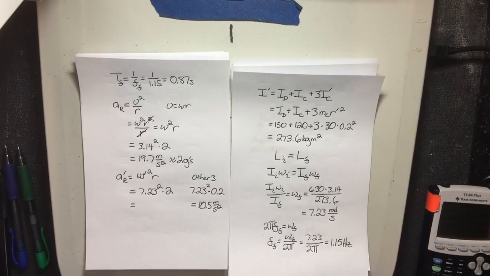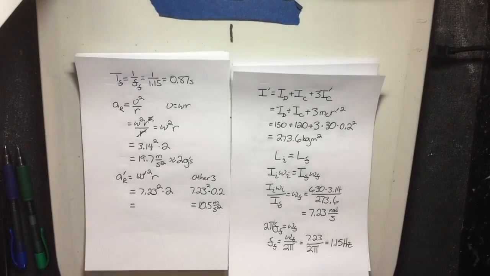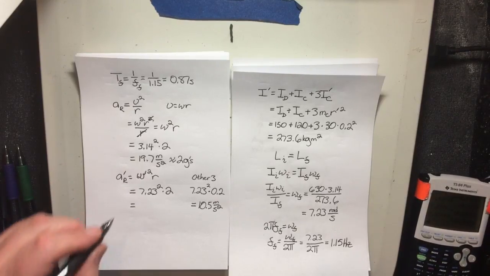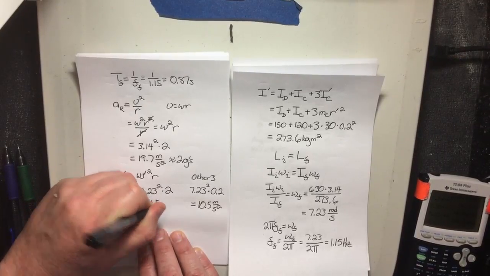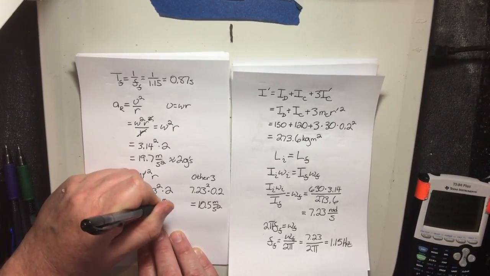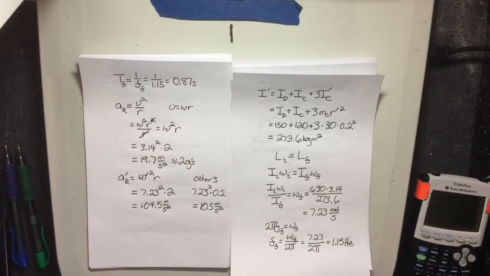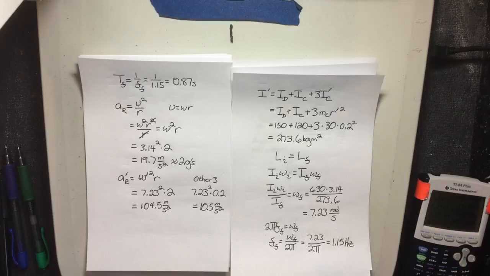Let's talk about the poor dude at the edge. His acceleration is 104.5 meters per second squared. Roughly 10 Gs.